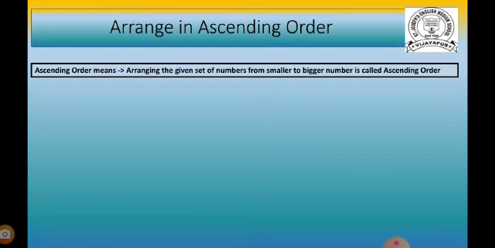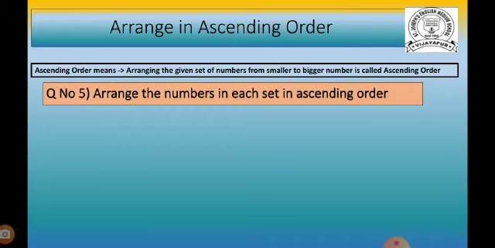Now we will do the next, question number 5, arranging in ascending order. Ascending order means arranging the given set of numbers from smaller to bigger numbers. So we'll see the first question: arrange the numbers in each set given in ascending order.